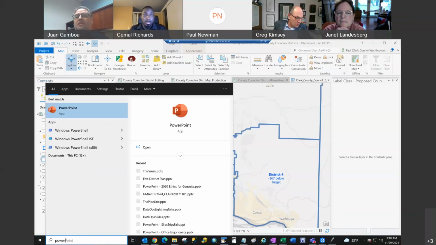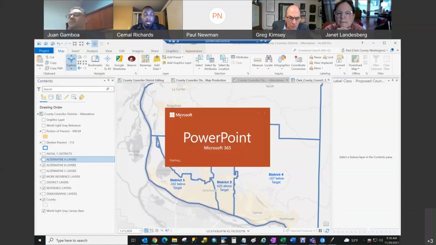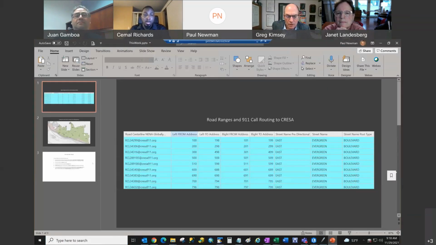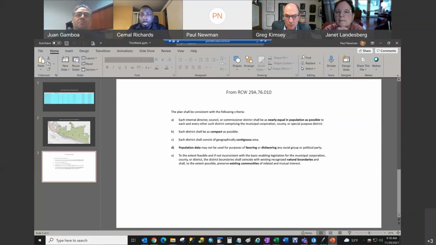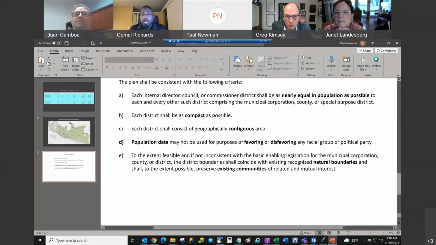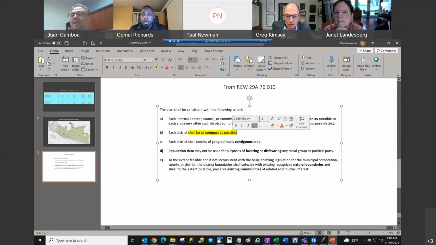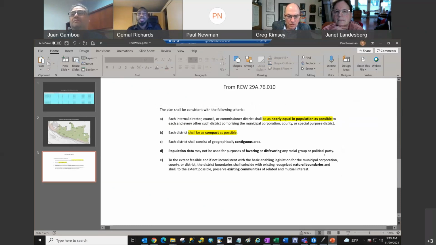That means that we have to make a decision on what the priority is. To me, as close as possible on both means that you've got to pick one, right? One or the other. It's going to drive the other, right? For me, number one is population because that gets really close and keeps people together that have already been together, whereas compactness tends to shift things and breaks that population.